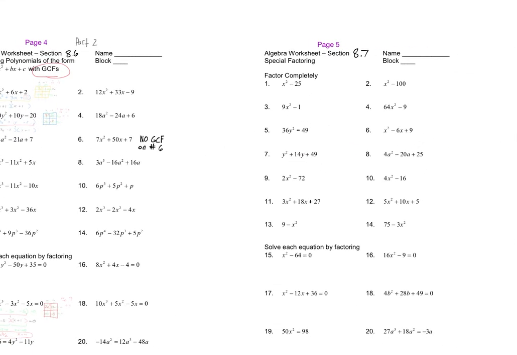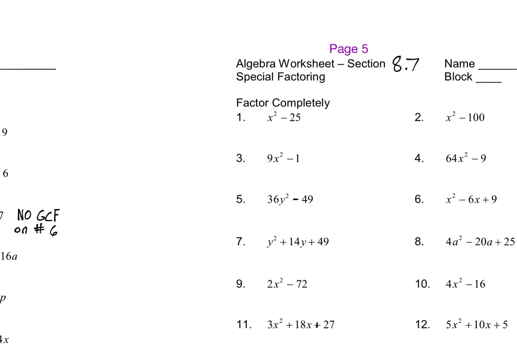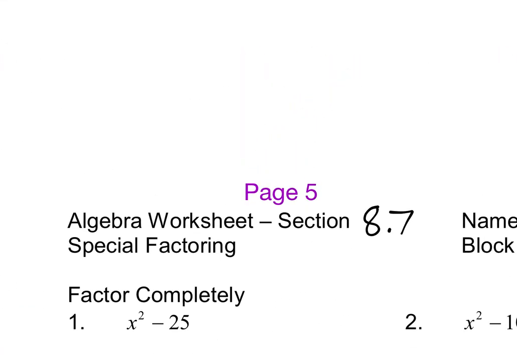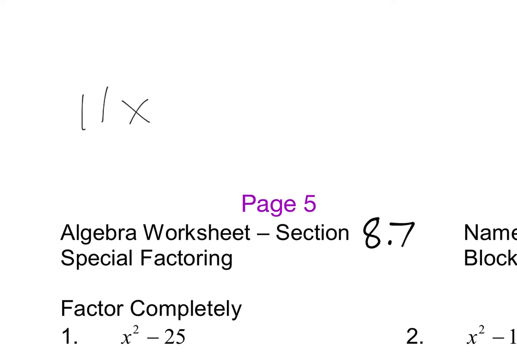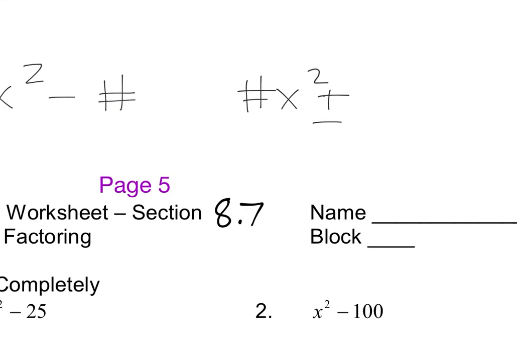All right, so these remaining pages, we've got this one's special cases. So I'll talk to you guys about our special cases here. There's 2 kinds of special cases. There's some that'll look like this, and then there's some that'll look like this. And this could be a plus or a minus right there.